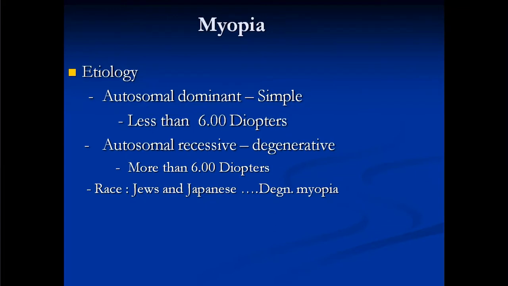Then if we go to etiology, simple myopia is transmitted as autosomal dominant, and degenerative or pathological myopia is autosomal recessive. And it is more common in Jews and Japanese.